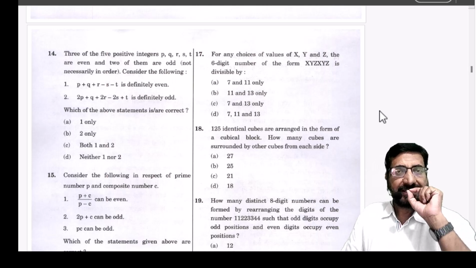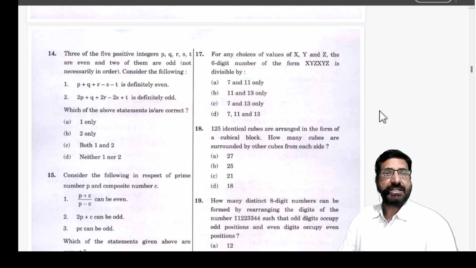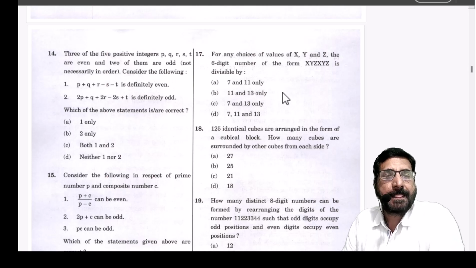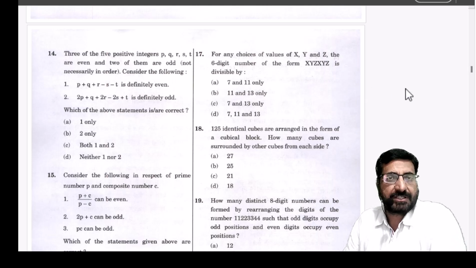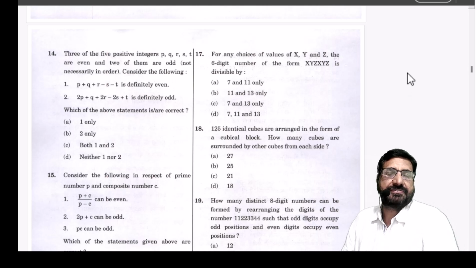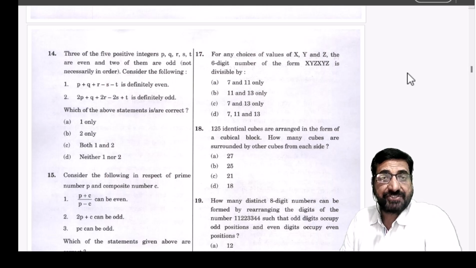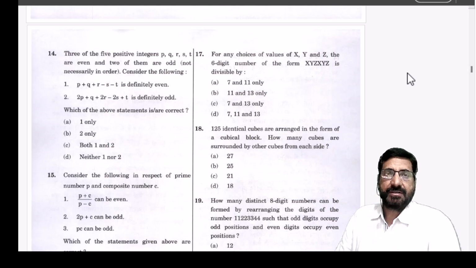So in these 5 numbers p, q, r, s, t, he is saying 2 of them are odd, remaining 3 are even. So irrespective of whether p is odd or even, q is odd or even, we don't know which is odd or which is even.